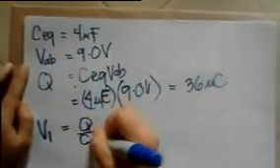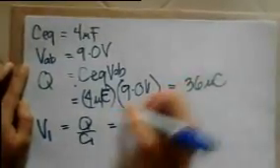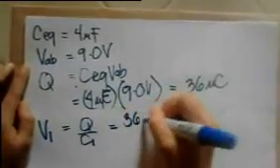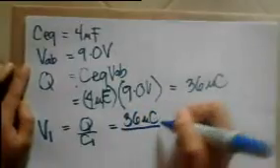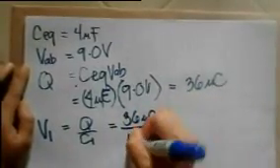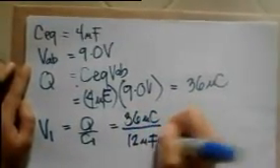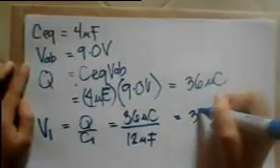Now to find the individual voltage across, for our V1, we have V1 equals Q over C1. Our net charge is 36 microcoulomb over our first capacitor, 12 microfarad, and we have 3 volts. For our second voltage, V2 equals Q over C2. Our net charge is 36 microcoulomb and our second capacitor is 6 microfarad.